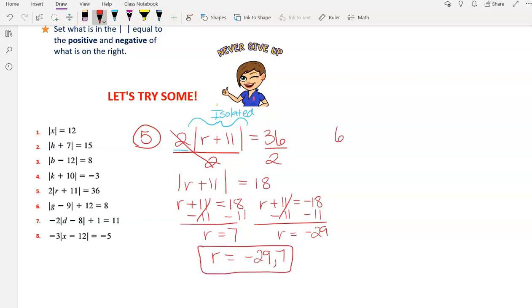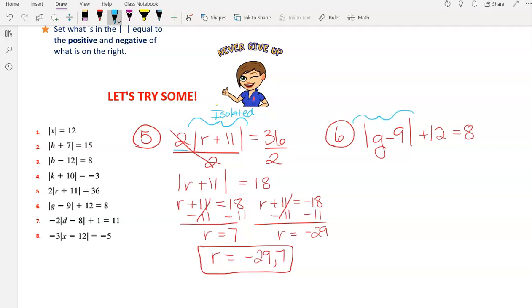Okay, number 6. We have that the absolute value of g minus 9 plus 12 is equal to 8. I do not have my absolute value isolated again.